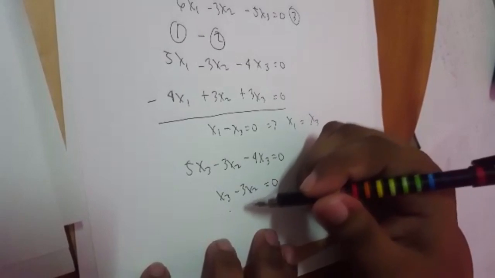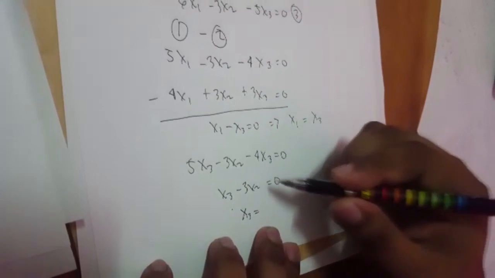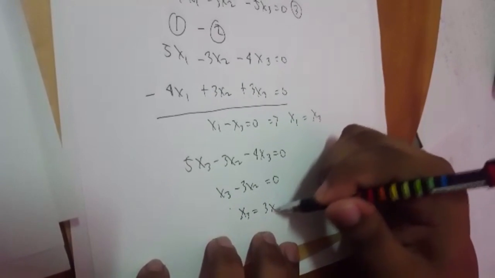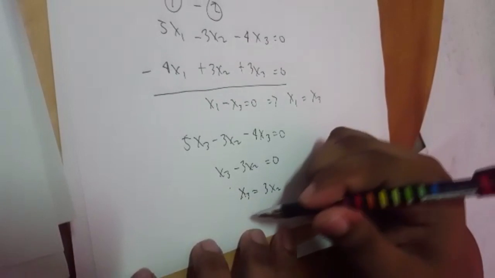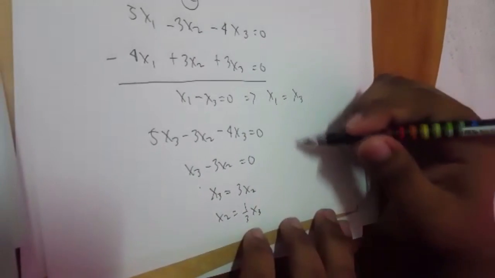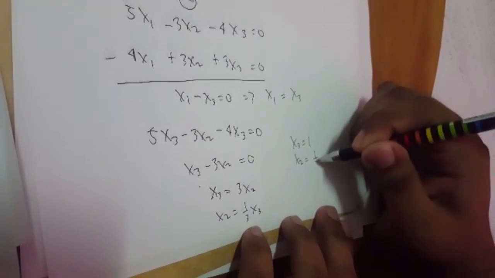So x3 equals 3x2. So x2 is 1/3 of x3. So when x3 equals 1, x2 equals 1/3.